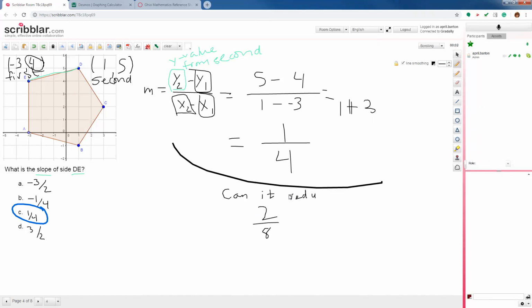And it does reduce. I picked it so it would reduce to the answer we already had on the page. It reduces to 1/4 because you can divide the 2 by 2 to get a 1 and the 8 by 2 to get the 4. It just always has to be divided by the same thing, and it reduces the fraction. But it's always something to watch out for.